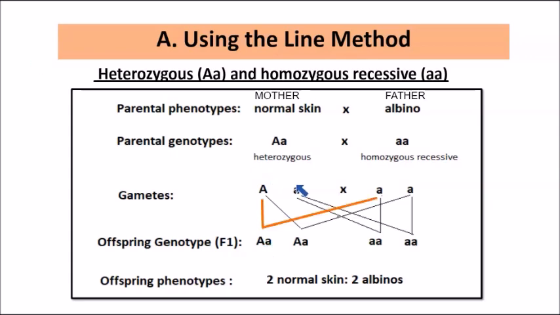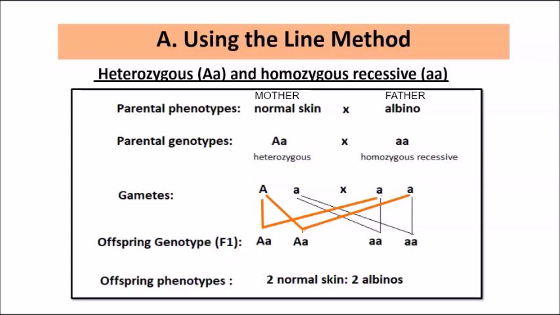Now for the second child, we take the same dominant allele from the mother and match it with the other recessive allele from the father. You're pretty much just matching up each of the mother's and father's alleles with each other. That gives us child number 2, who also is heterozygous for normal skin color.